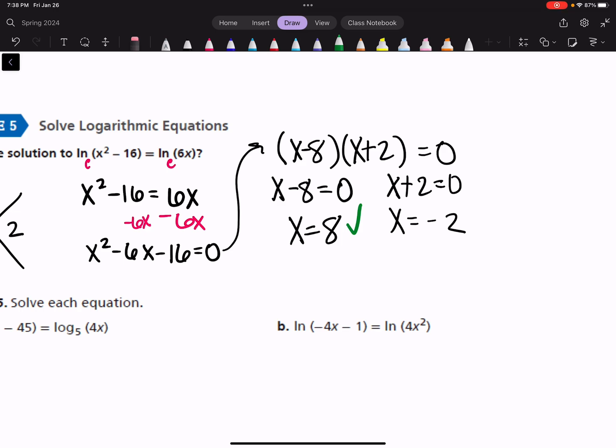If we look at negative 2, negative 2 works for the left side of the equation, right? Because I'd get negative 2 squared. If I subtract 16, then I'd end up getting a negative argument. And then if I plug it in on the right side, I also get a negative argument. So x equals negative 2 would be considered extraneous.